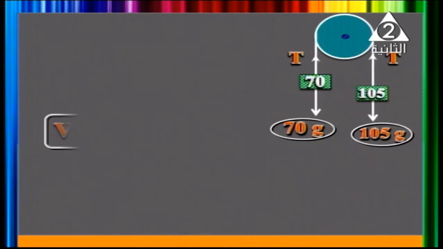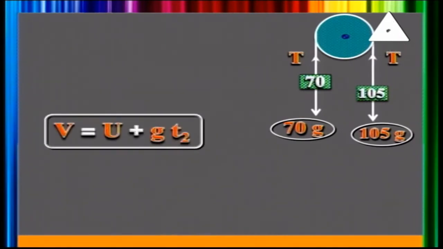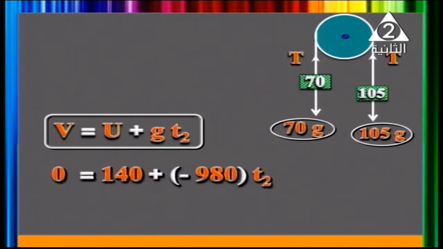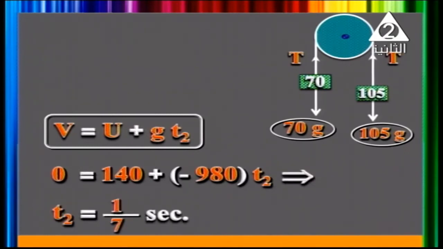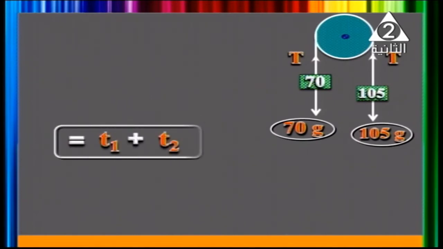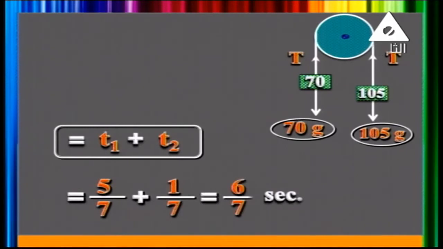Then, my dear student, to find the value of t using the final velocity equals 0 and initial velocity 140, t2 equals 1 over 7 second. Then the total time t1 plus t2, by adding 5 over 7 plus 1 over 7, equals 6 over 7 seconds.